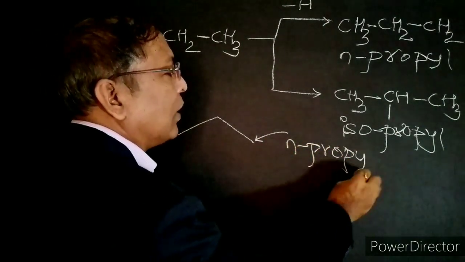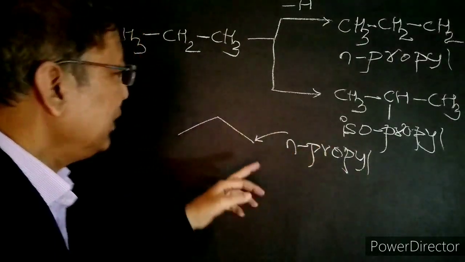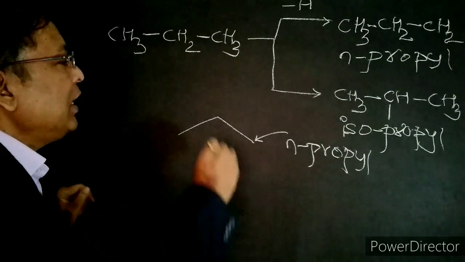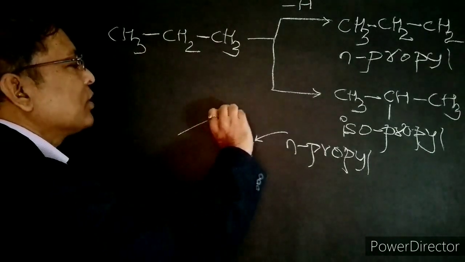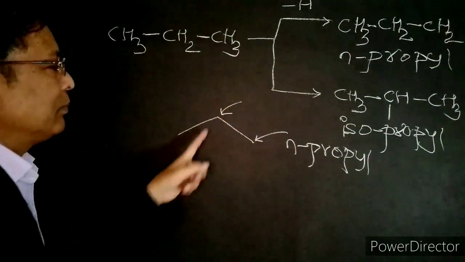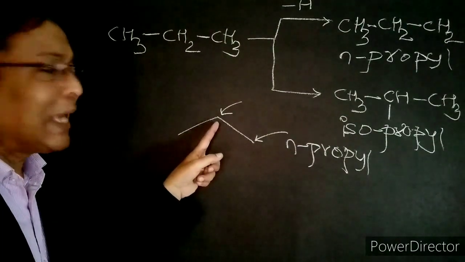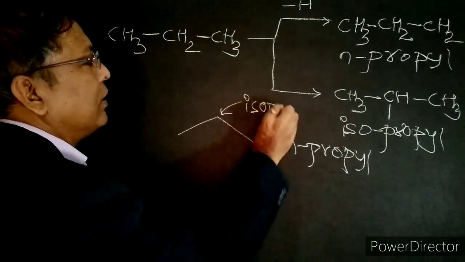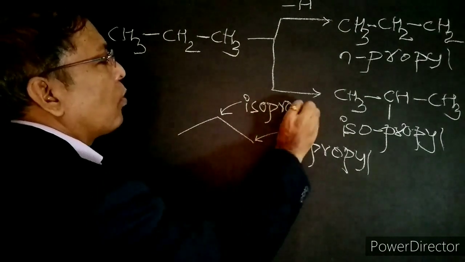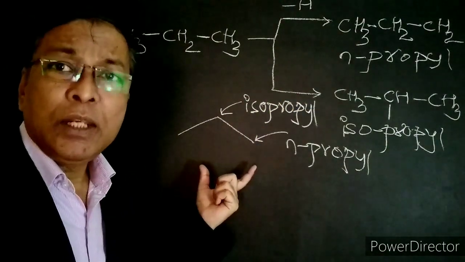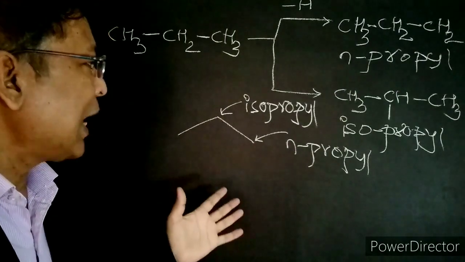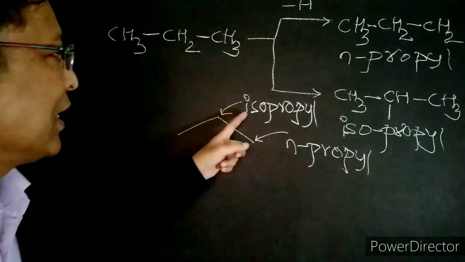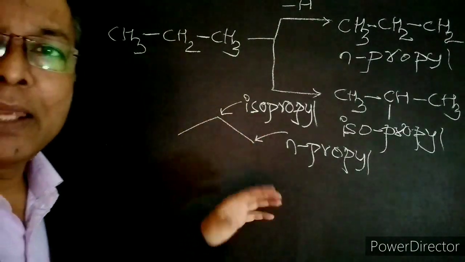The compound is called N-propyl halide if the halogen is attached to the terminal carbon atom. If hydrogen is replaced from this carbon atom and the halogen is attached here, it is called isopropyl halide. In this way, in propane, we have two types of alkyl groups: first, N-propyl, and another one is the isopropyl group.